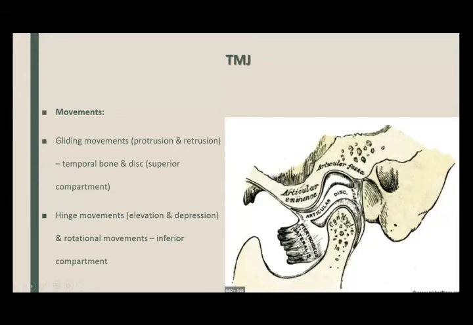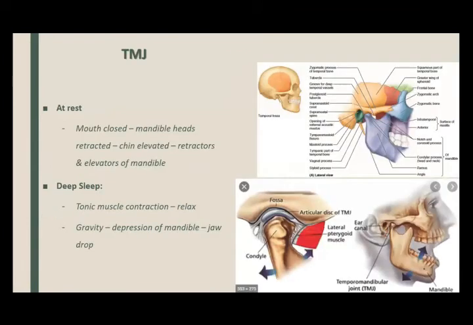अभी इसको discuss कर लेते हैं. अच्छा जब at rest what happens? ये position है. This is the articular tubercle. This is the head of the mandible, the blue one, और ये on top. This is the mandibular fossa. Okay.